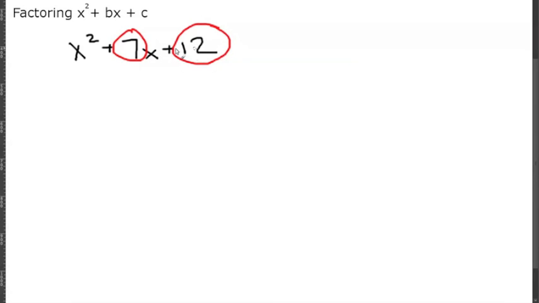Let's start with the factors of 12. The numbers that multiply to give us 12 are 1 and 12, 2 and 6, and 3 and 4. We know that 1 plus 12 does not give us 7, 2 plus 6 does not give us 7, but 3 and 4 give us 7.